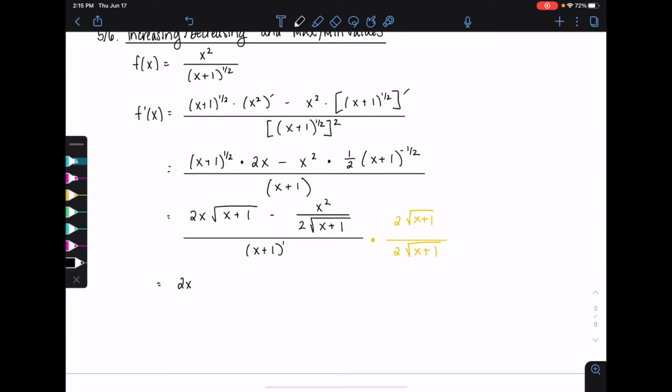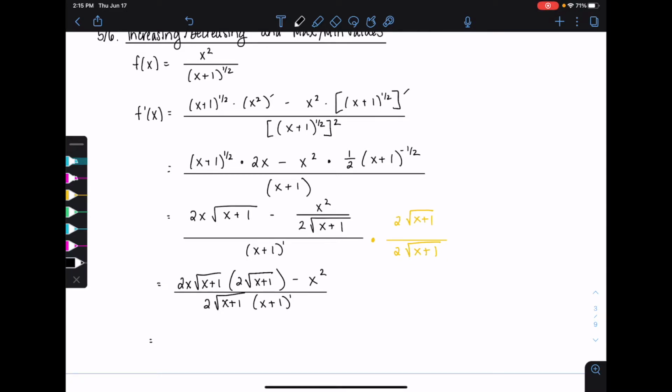This is going to give us 2x square root of x plus 1. That gets multiplied by 2 square root of x plus 1. Then that fraction is going to disappear. In the bottom, we're going to get 2 times the square root of x plus 1 times x plus 1. Again, consider that to the first power.